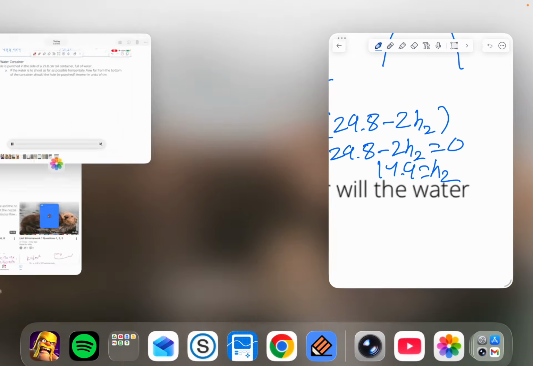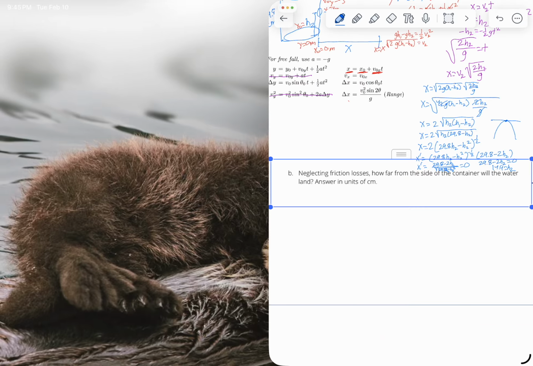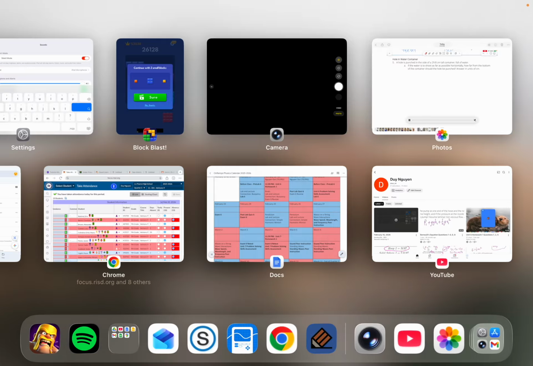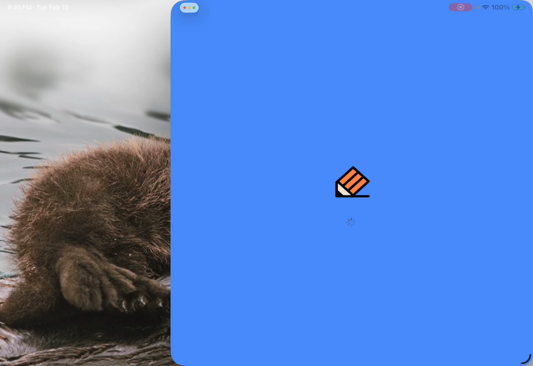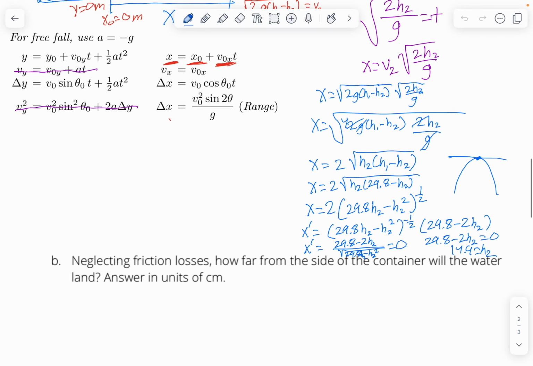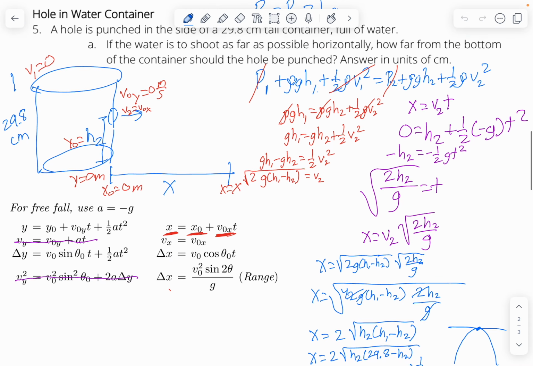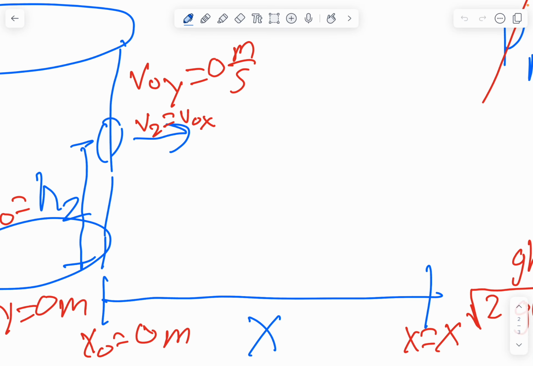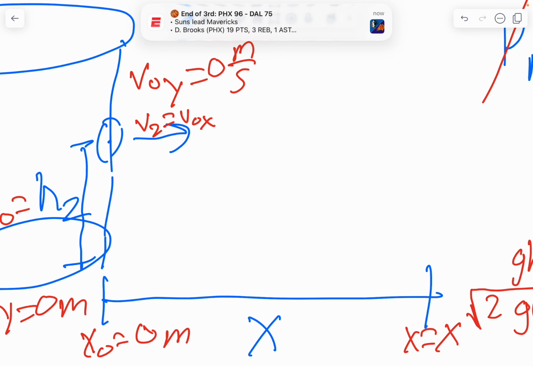So then you have to make sure it's reasonable. It's not 0. It's not bigger than our height. I guess this number is about halfway of our height. So it is reasonable for our maximum if we cut the hole right here.